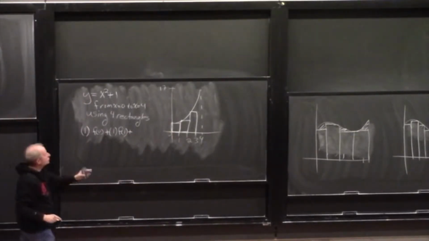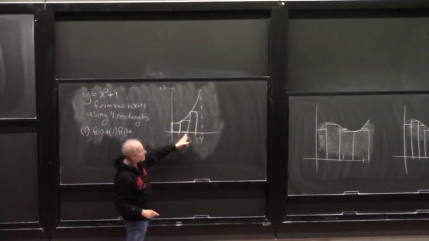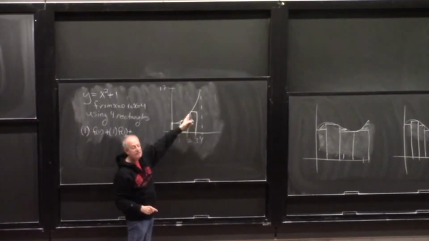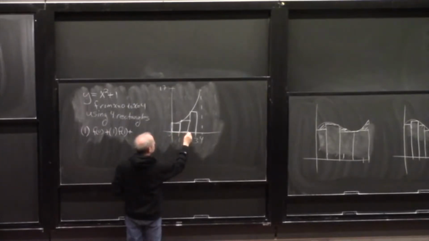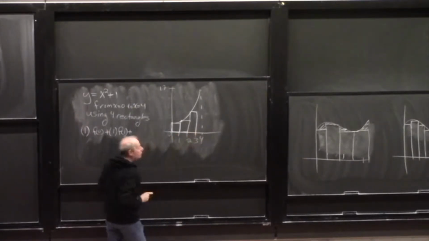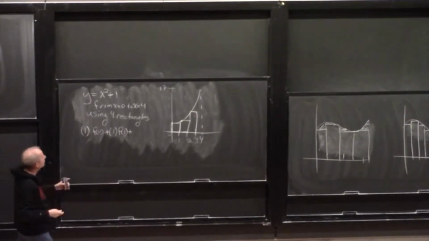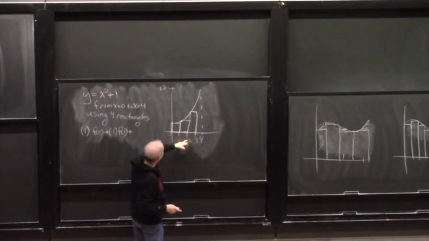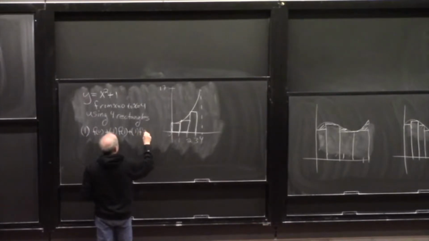For each of these intervals, I'm going to go up the left-hand side, pick that coordinate, and where it intersects the curve will be the height of the rectangle. So I'm using 0 to 1, 1 to 2, 2 to 3, and 3 to 4. Each time I take the left side of the interval. I could do the right side, which we will in a second. The width of each of these rectangles is 1. For the height of this rectangle, I plug in 2. And then for the last one, I plug in 3.